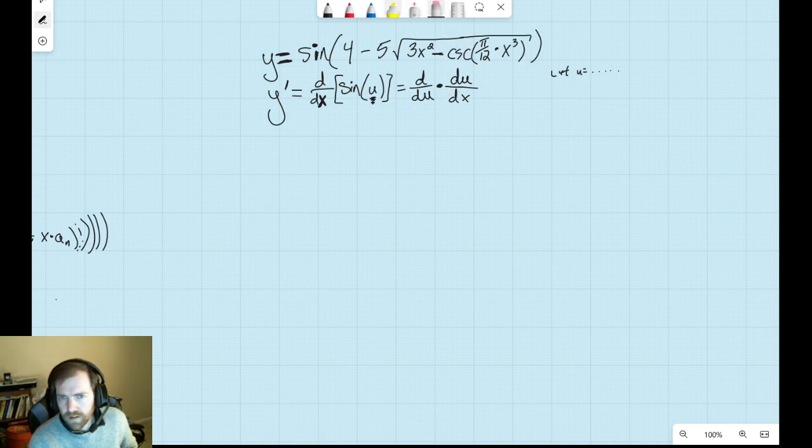And then our sine of u technically goes right in here. Because this is a differential operator, it should be right next to what it's operating on, and not stuck somewhere in the middle.